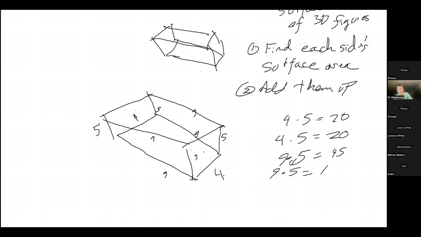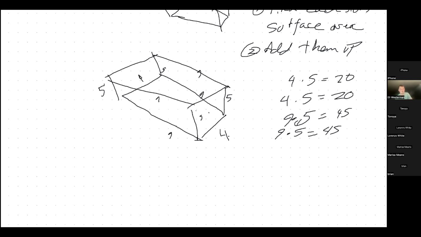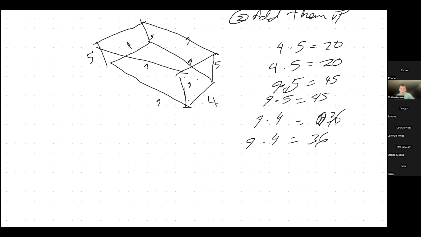Now finally, we can look at the top and the bottom. They're 4 by 9. So 9 times 4 equals 36, twice. And now we need to add all of these up. That's going to be annoying. So these are 40.